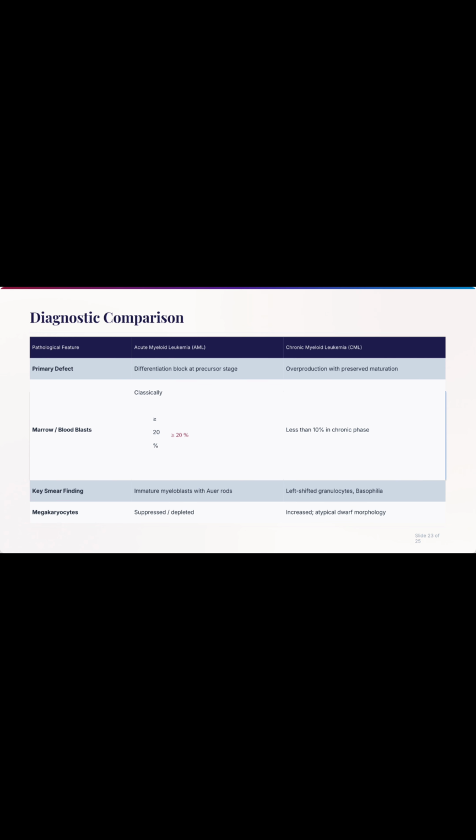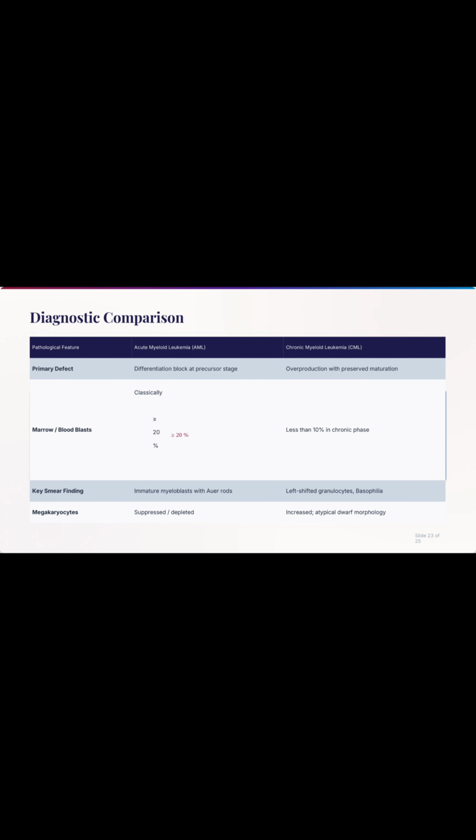Diagnostic comparisons. Pathological features, that is primary defect. In acute myeloid leukemia, it is differentiation block at precursor stage, whereas primary defect in chronic myeloid leukemia is overproduction with preserved maturation.